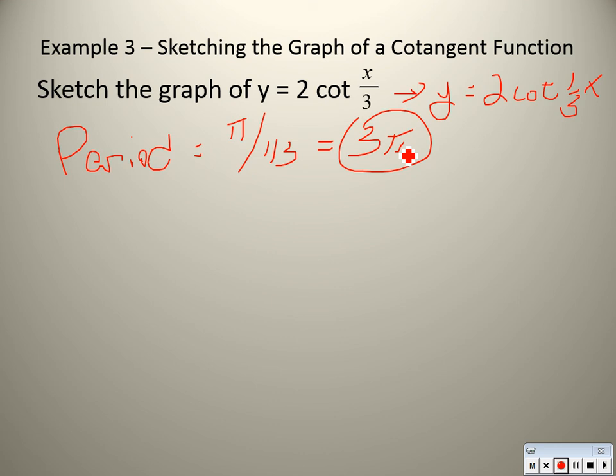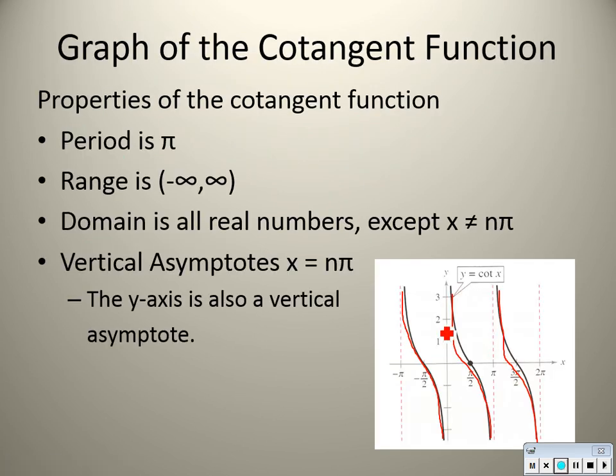So that's the value of the period. Now I'm going to find where the asymptotes occur. I'm going to take this 1/3 x and set it equal to 0. And I'm going to use these two asymptotes on the graph, this one here and this one here, as my two consecutive asymptotes.